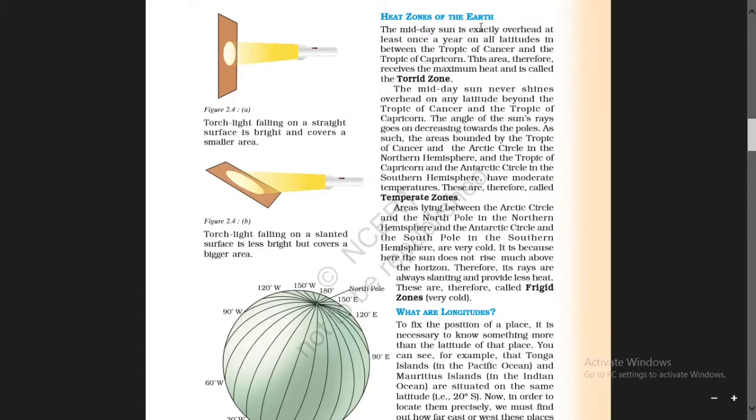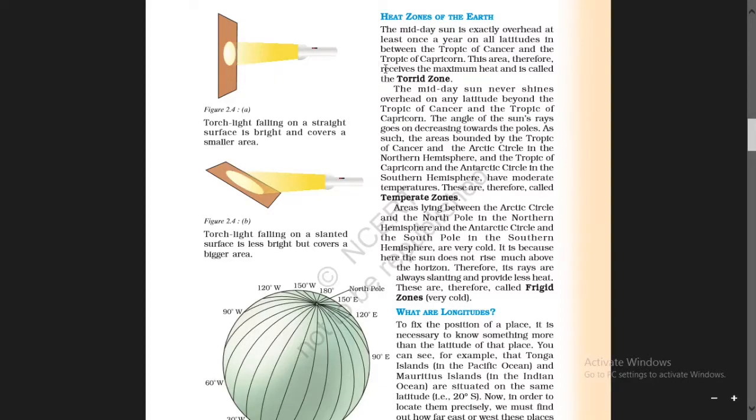The midday sun is exactly overhead at least once a year on all latitudes in between the Tropic of Cancer and the Tropic of Capricorn. That means the rays of the sun fall on us vertically at least once a year on all latitudes in between them.